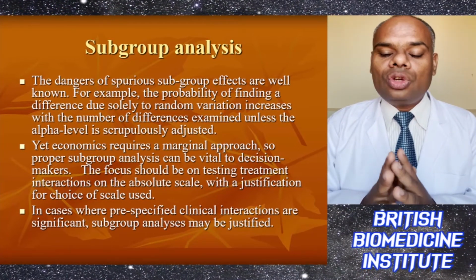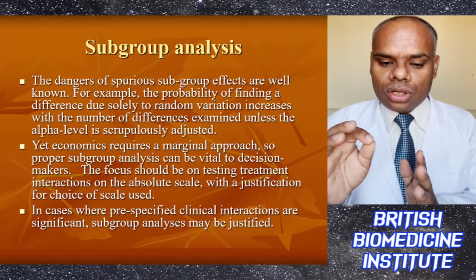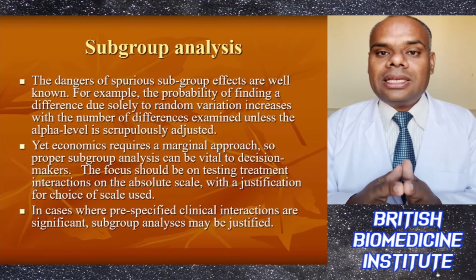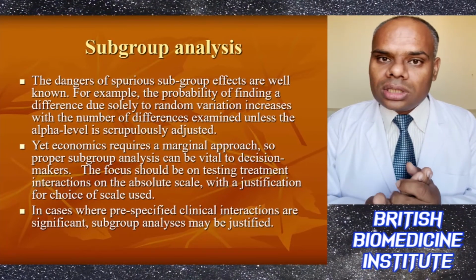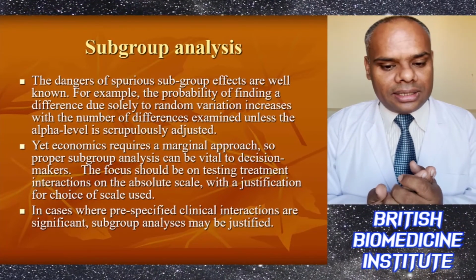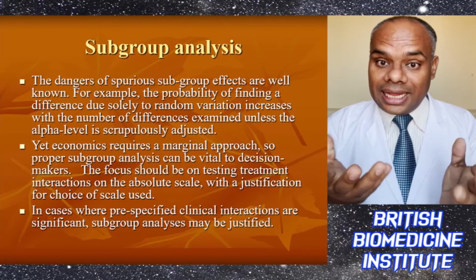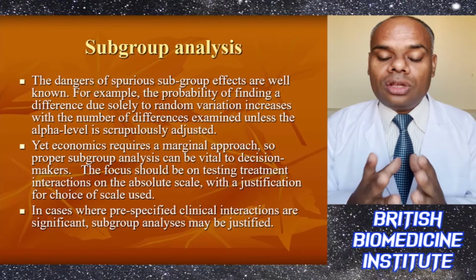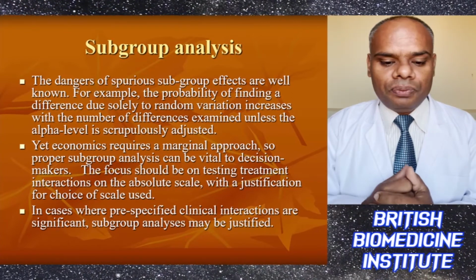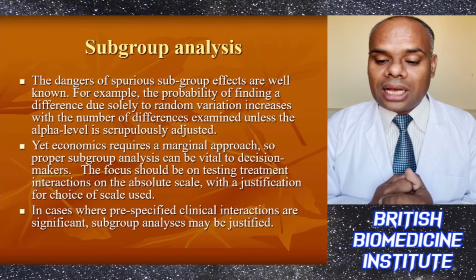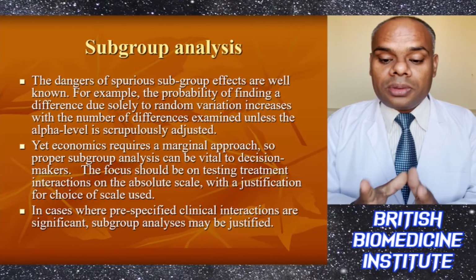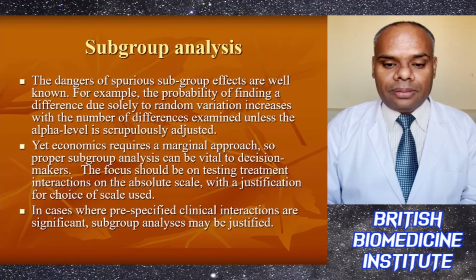And since economics requires a marginal approach, proper subgroup analysis can be vital to decision makers. The focus should be on testing treatment interactions on the absolute scale, with a justification for the choice of scale being used. When pre-specified clinical interactions are significant, subgroup analysis must be justifiable.